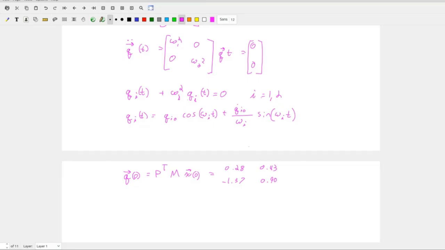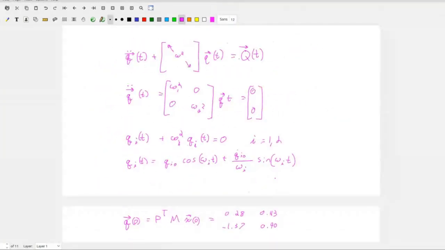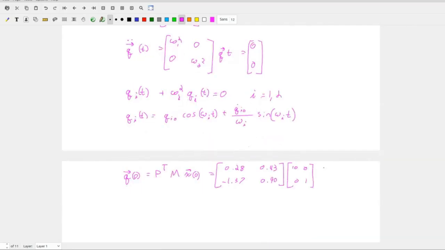Am I transposing that P? Yeah, my 1.37 is in the other place. Times our mass matrix, which is just 10, 0, 0, 1. Times our x naught, which is going to be 1, 0. That's going to be 2.846, negative 1.378. So now we have values for q naught.